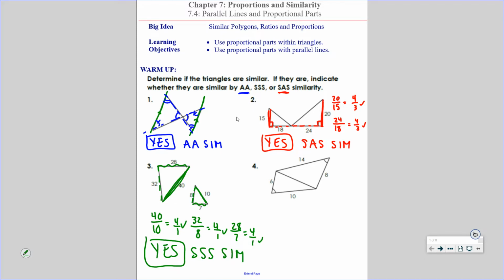So there's one of each example. Angle, side angle side, side side side. This one's looking like a side angle side setup. I have this included angle of the 2 given side lengths, and they're telling you it's congruent. So let's look. We'll start with this one. 14 to the longer side, this would be 10.